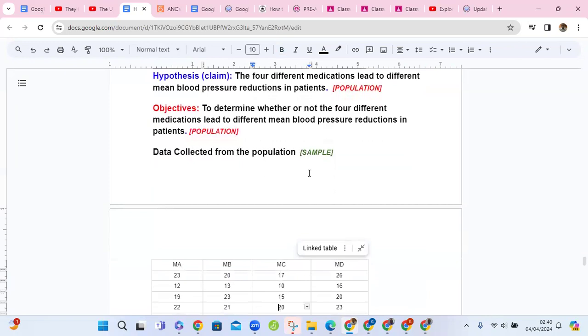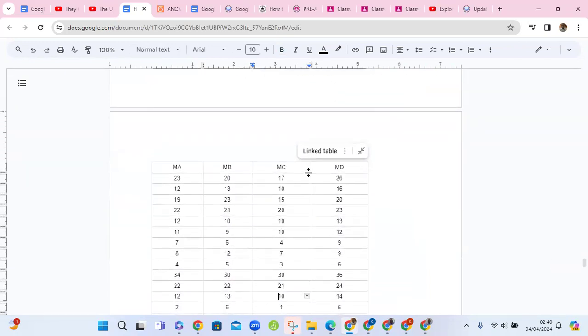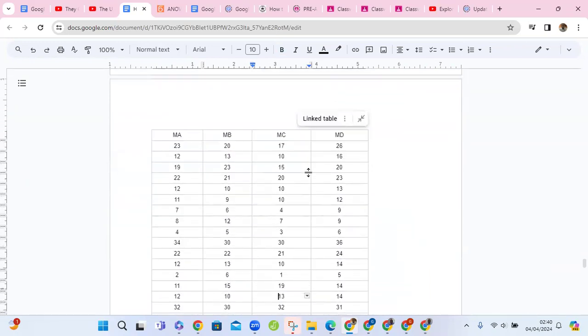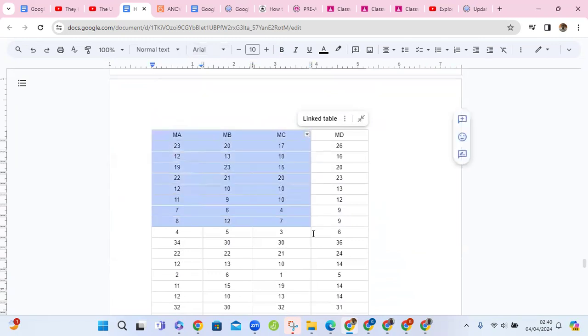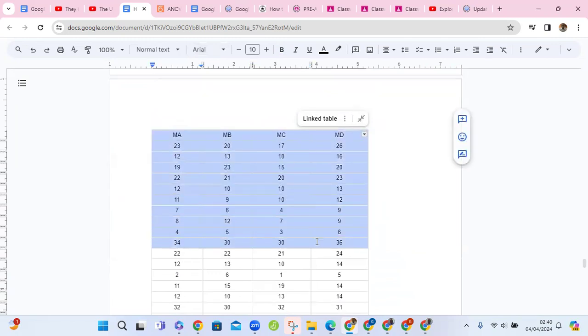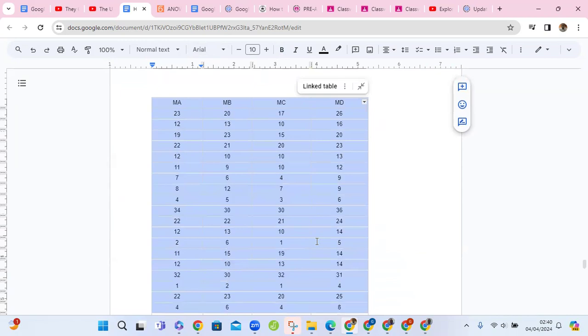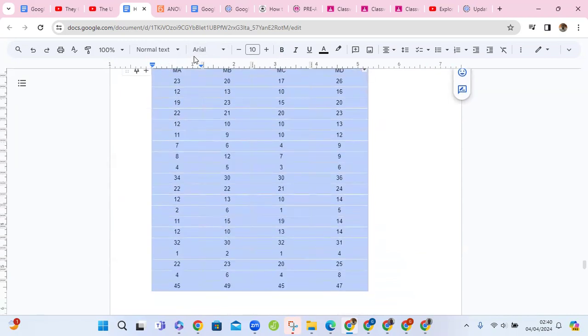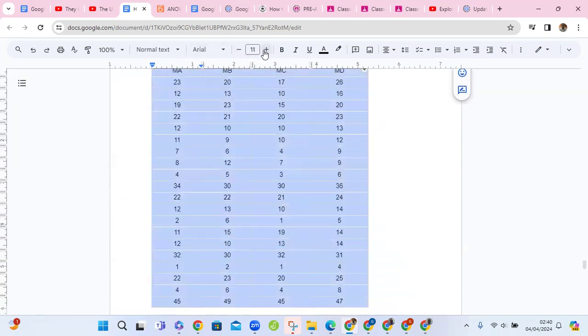So here's the data. Here's the blood pressure reductions for each medication: medication A, medication B, medication C, and medication D.